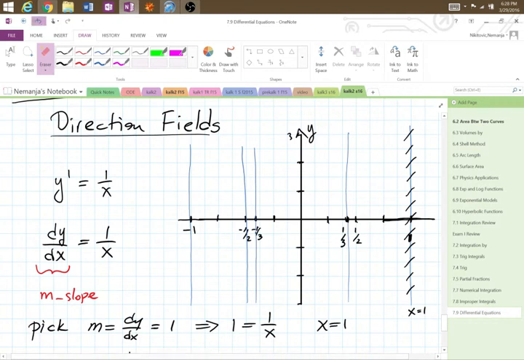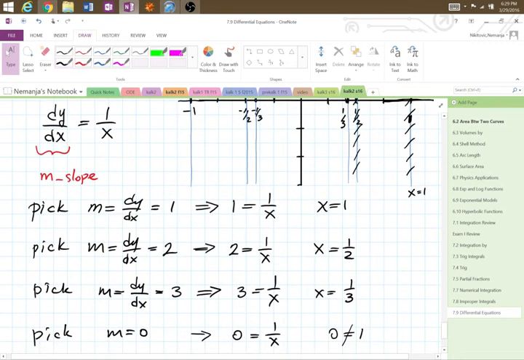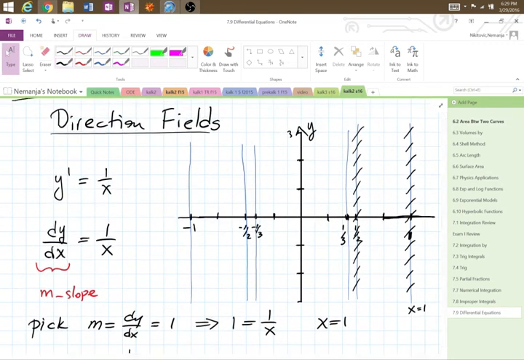No, don't erase everything. So steeper. And then for the slope at 1/3, remember when x was equal to 1/3, the slope was 3, so that's steeper still. So that's where I'm gonna go really steep like that.